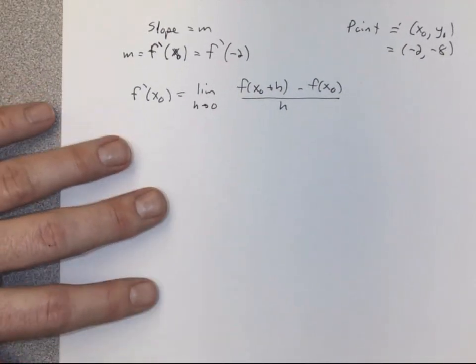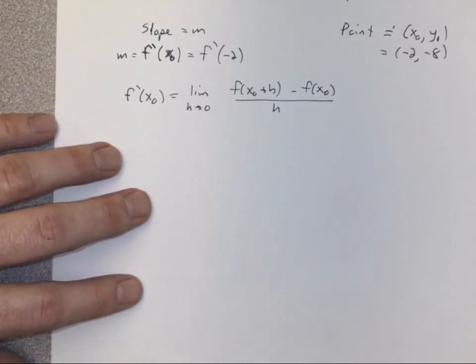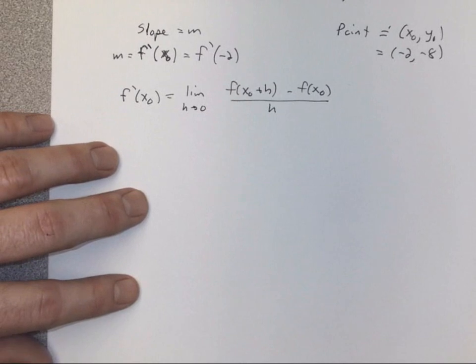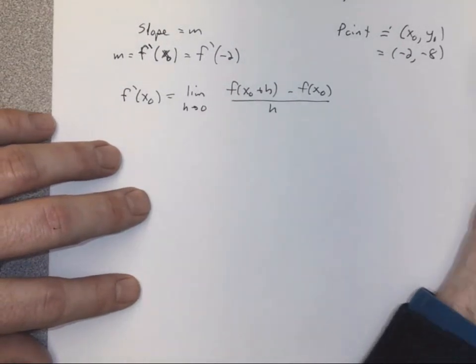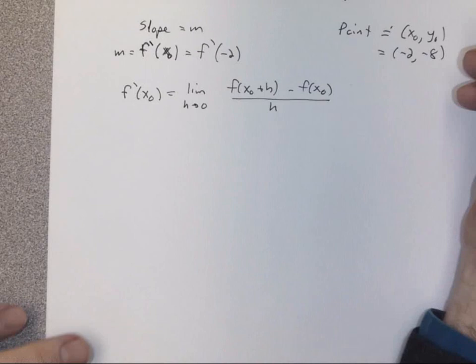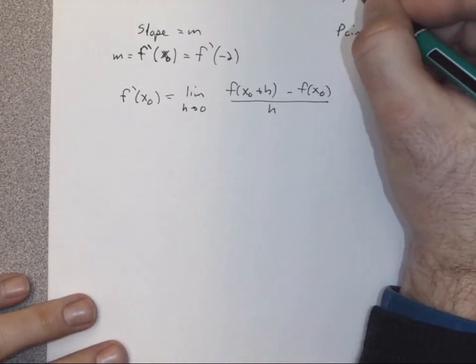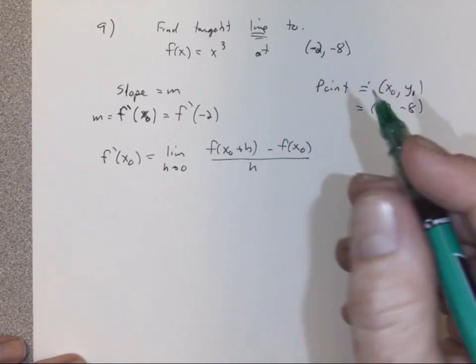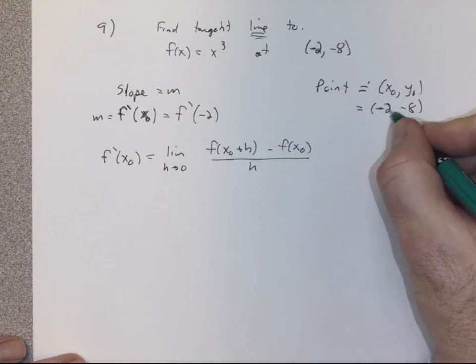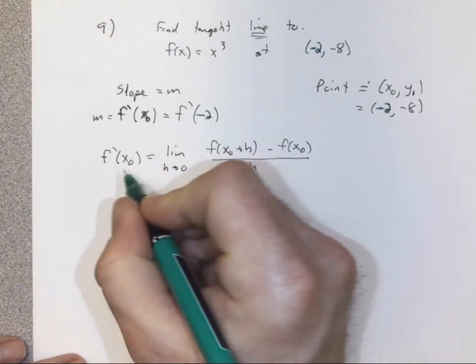So here's the equation of the derivative. Well, what do we know? X naught is what? X naught is -2, and it comes from the point that they gave. So this -2 here is x naught, and that's what is going to go here.